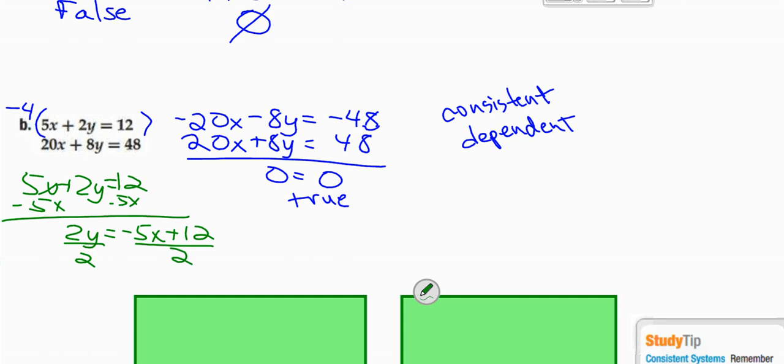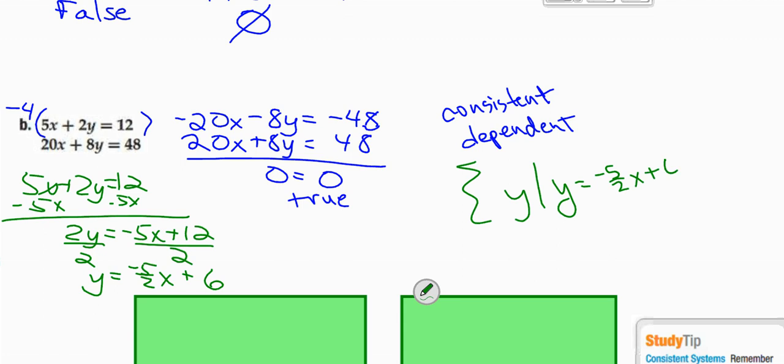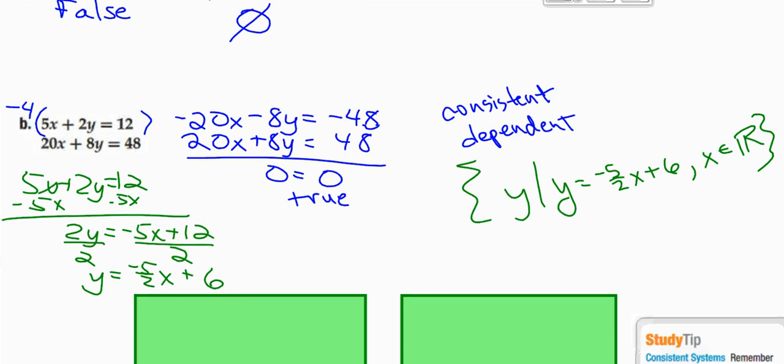So I get y equals -5/2 x plus 12 over 2, which is 6. And so my solution is the set of all y such that y equals -5/2 x plus 6, and x is an element of the real numbers. Unfortunately, we did not get to graphing today, but we will start with that tomorrow.